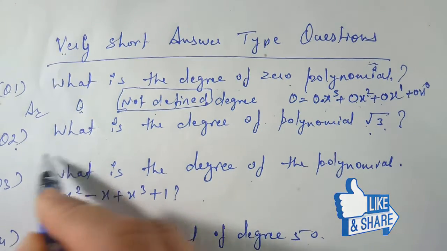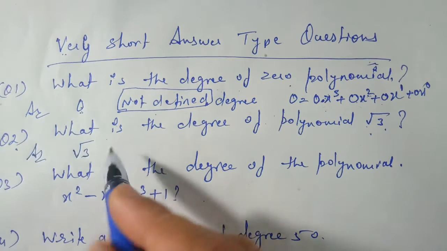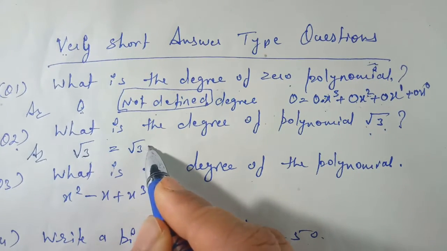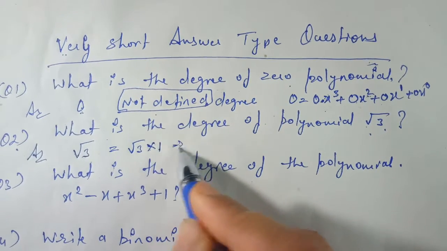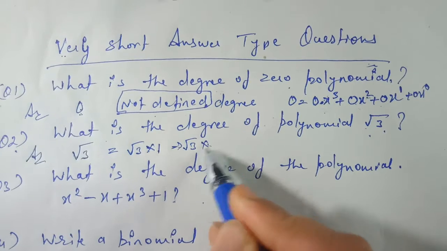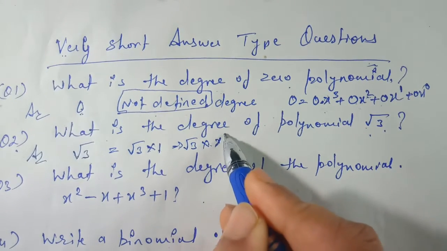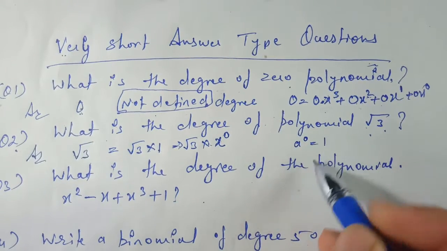Now here is the constant number root 3, and we can write root 3 as root 3 into 1. If we remember the law of exponents, a raised to the power 0 is equal to 1.